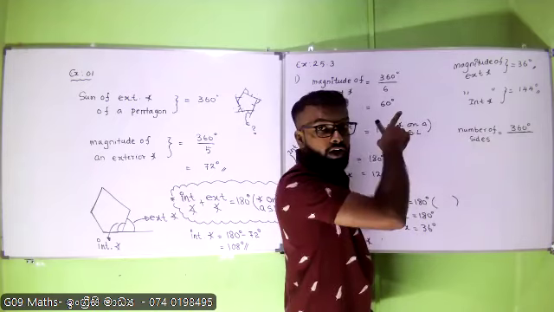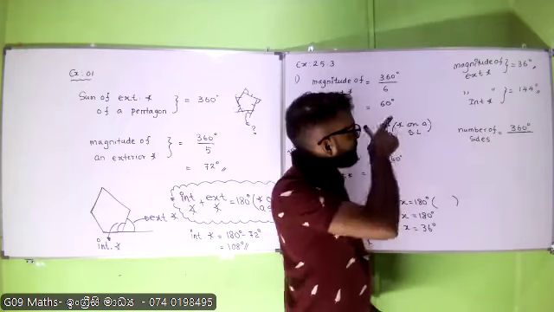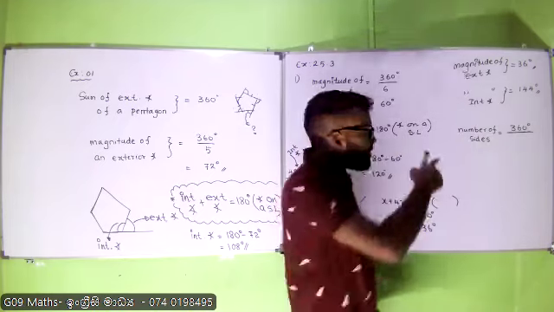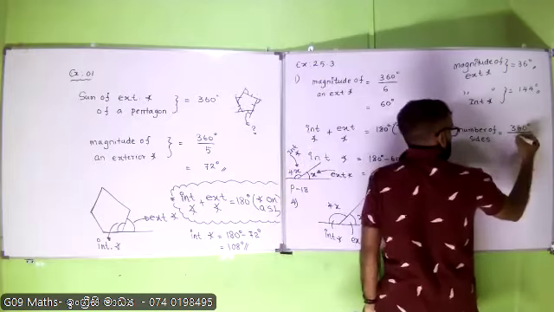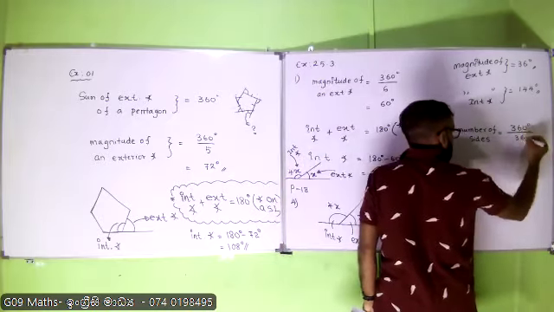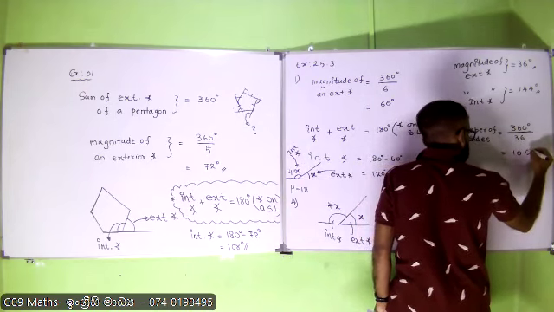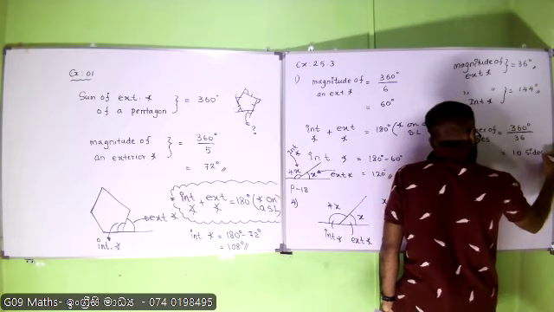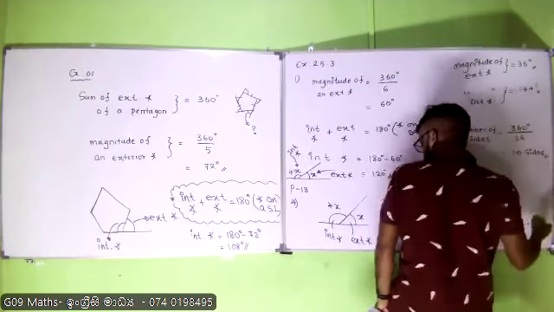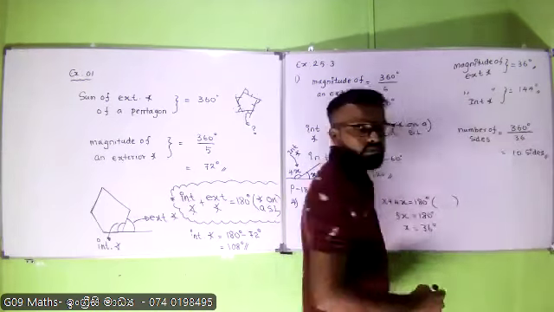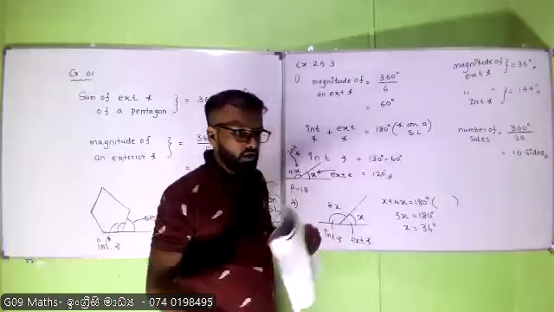What is the magnitude of one exterior angle? 36 degrees. So divide 360 by 36, and it will give you 10. So we have 10 sides. Yes, and done.